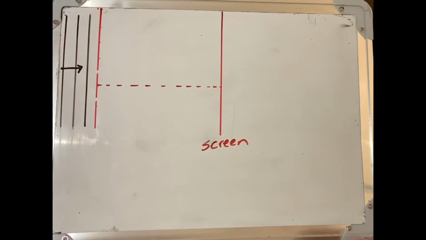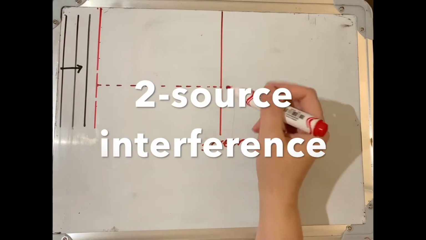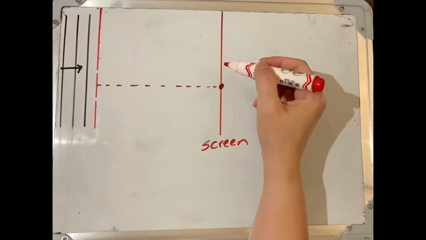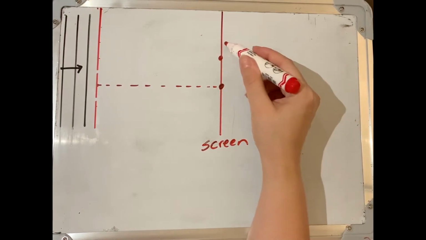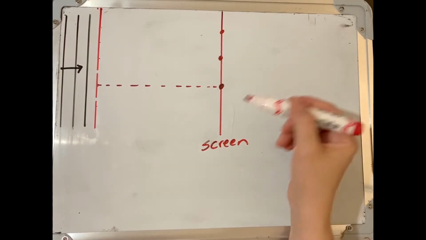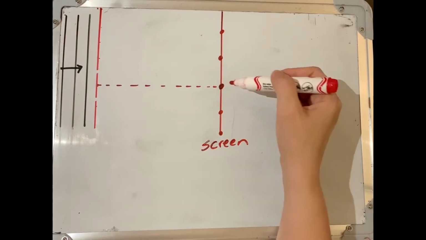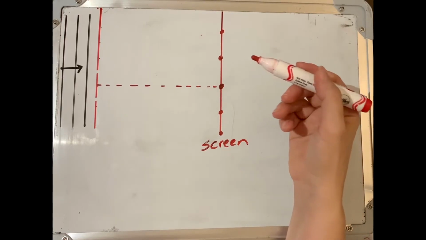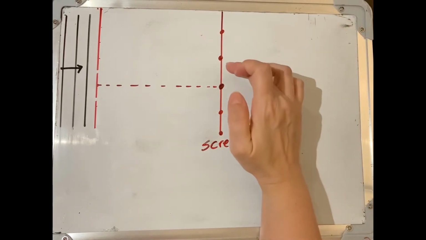If there are 2 point sources, we learn that we see an interference pattern where we see a maximum, a minimum, and then a maximum, another minimum, and another maximum, and likewise symmetric on the other side. These points are really the centers of these regions. What we actually see would be something like this.